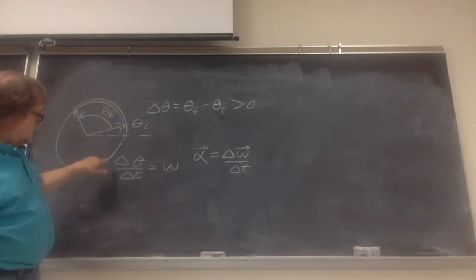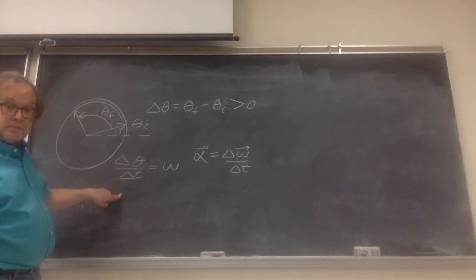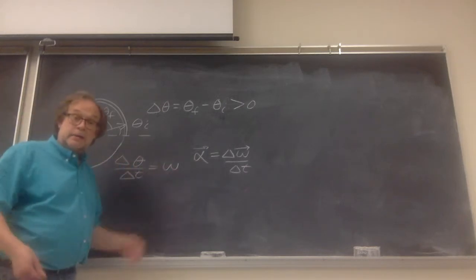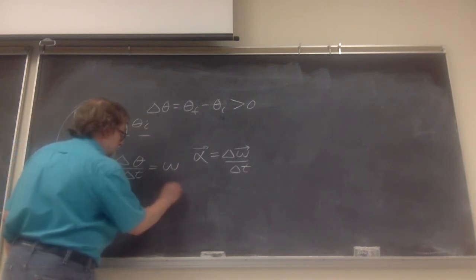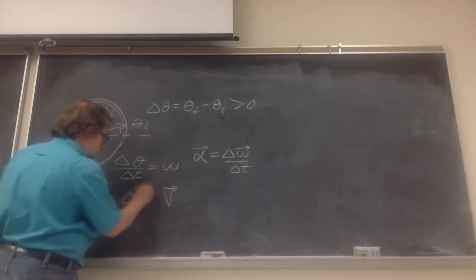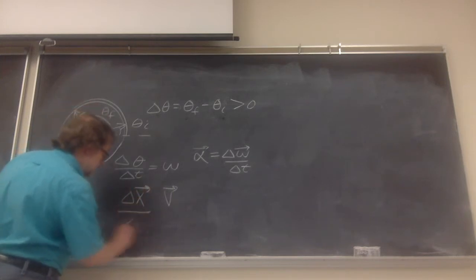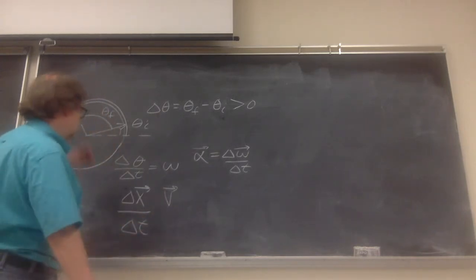And we define it as angular displacement divided by the amount of time it took to make that much angular displacement, just exactly like we define ordinary velocity as ordinary displacement divided by the amount of time it took to make that displacement.